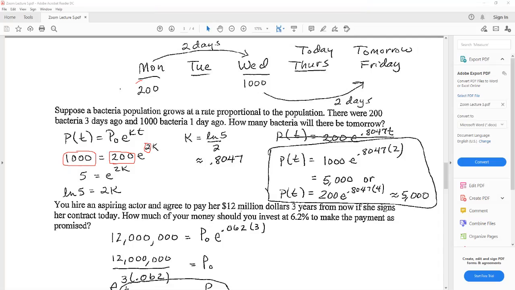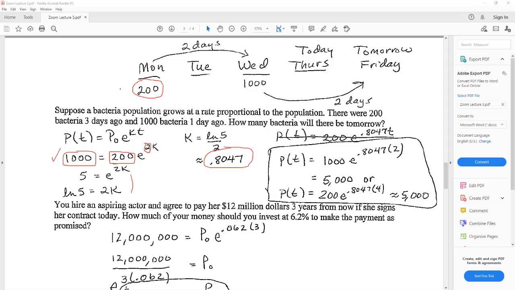Because Monday, I had 200 bacteria, so that's going to be the P0 value. And I know that 2 days later, I was up to 1,000. And if we solve for K, I won't go through all the details now because we've done that several times, but if I go from here to K, you can follow the work. We end up figuring out that K is approximately 0.8047.